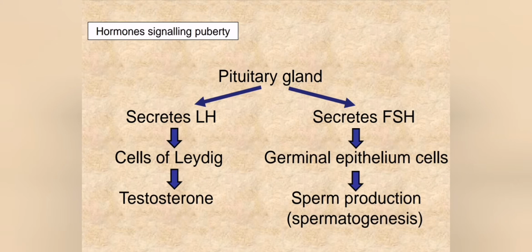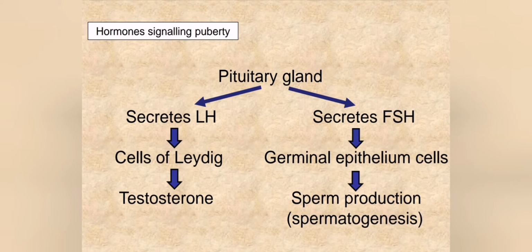Now, the process whereby sperm is produced is called spermatogenesis. So always remember the word Genesis sounds like the first book in the Bible, which means the beginning or the start of something. So spermatogenesis literally means the start or the beginning of sperm. Easy to remember.